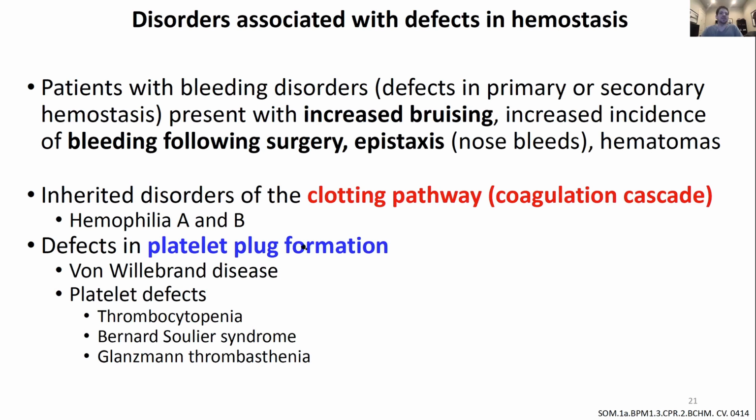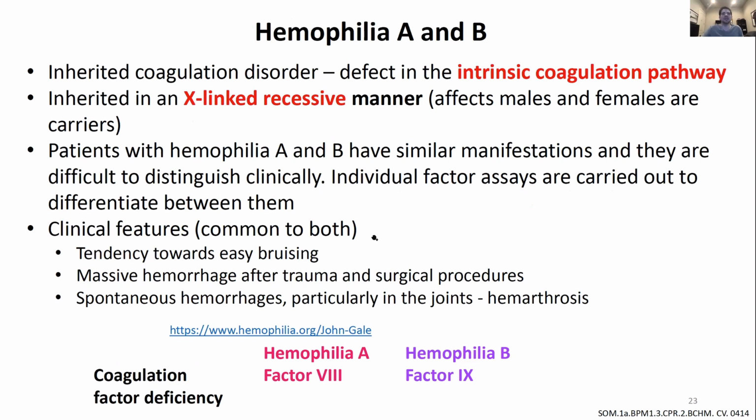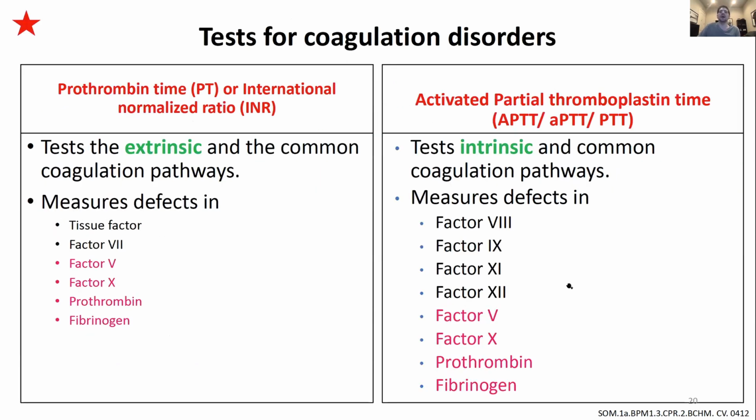So we kind of talked about these defects in platelet plugs. Von Willebrand disease obviously will do it, and then these other diseases we just talked about. I wanted to mention hemophilia A and B quickly. They're X-linked recessive, and hemophilia A will be factor 8 and B will be factor 9. So obviously those fall in the intrinsic pathway. So they can correlate to a problem if they give a prolonged APTT.